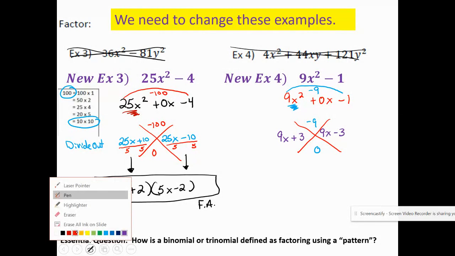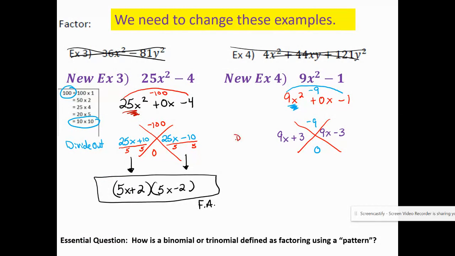And then we have to divide out. What can you divide by? You can divide by 3's on both sides. And then we have our final answer. So 9 over 3 and 3 over 3 would be 3x plus 1.